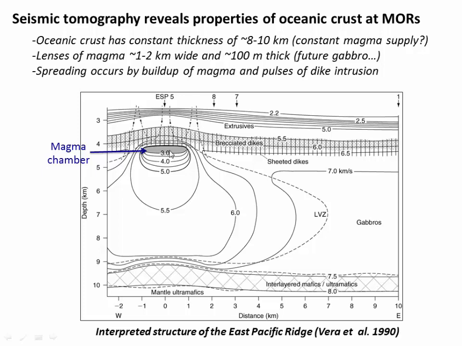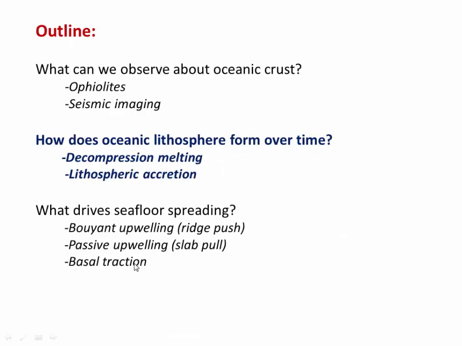They don't exist everywhere. The amount of available magma varies as you go along the axis of the spreading ridge. And keep in mind, when these chambers cool, they're going to eventually solidify into that thick gabbro layer that makes up the lower part of oceanic crust.